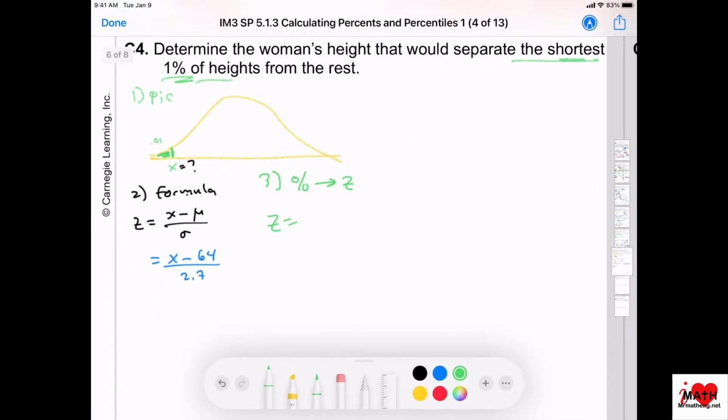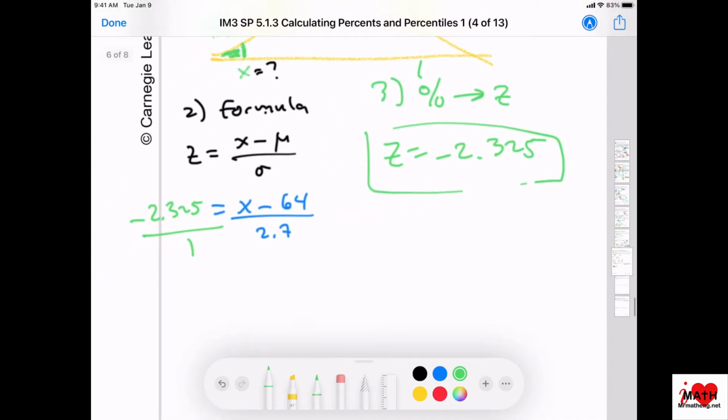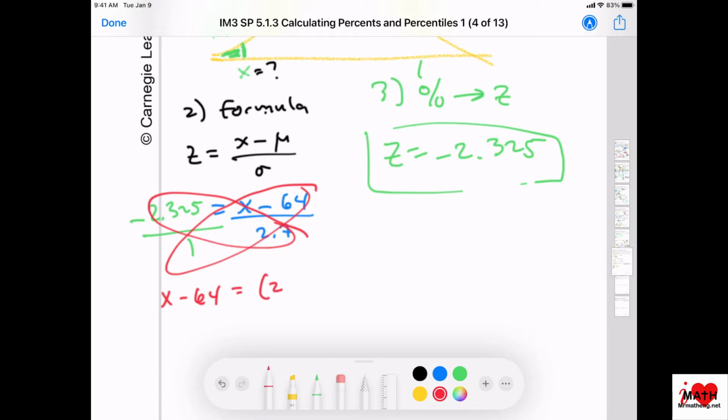So, which means that you put that over here. So 1% is a z-score of that. So you just put it over here. Put it over 1, and then you can just cross multiply. You want to do that in black.